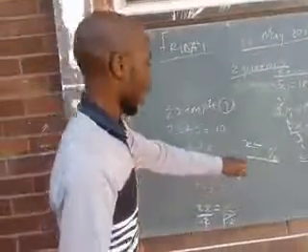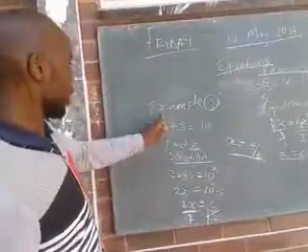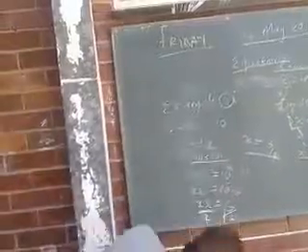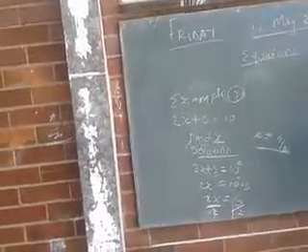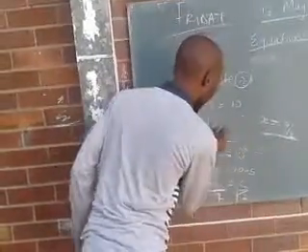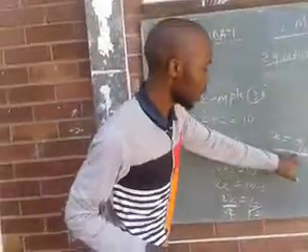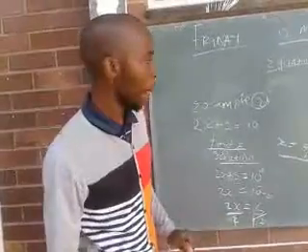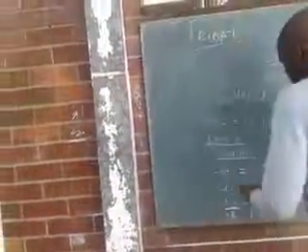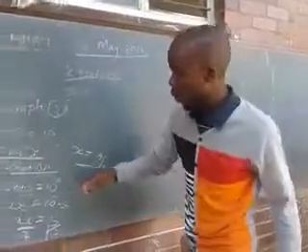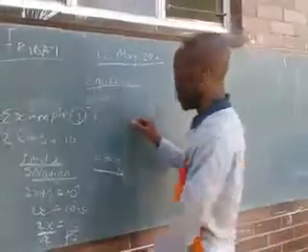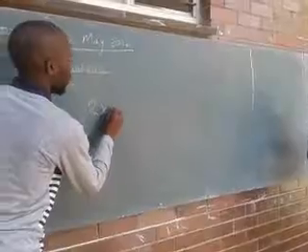Now, to make sure that our answer is correct, we have to check. The equation says 2x plus 5 is equal to 10. When you find your x, you want to check whether your answer is correct.